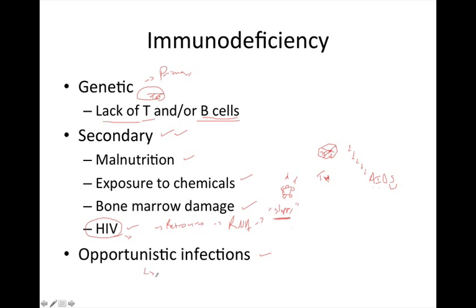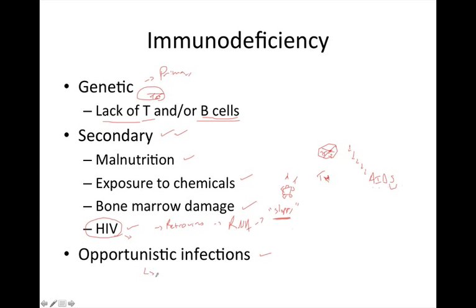They're going to get bizarre cancers and tumors that you just don't see under normal conditions, like Kaposi sarcoma, which is not necessarily tumors per se, but viruses that attack endothelial cells and cause bleeding, and you develop these big tumors or chunks of blood, and then you see these purple lumps on people. It's a horrible thing. But like I said, fungal pneumonia is probably the big one there.